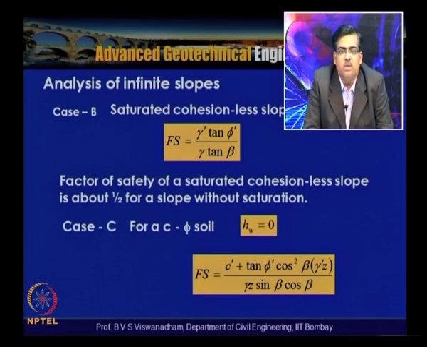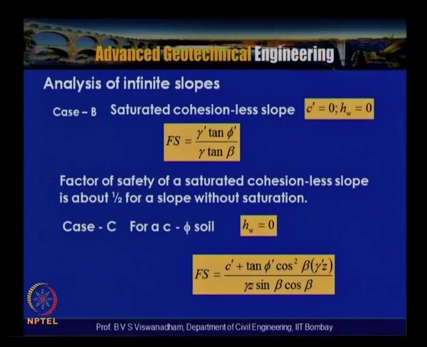In this particular lecture, we have understood what the different factors are which can cause slope failure, what the different types of slope failures are, and what the different types of slopes are, like infinite slopes and finite slopes. We addressed the infinite slope stability analysis, which is based on the block which is considered, and then we deduced a general expression.